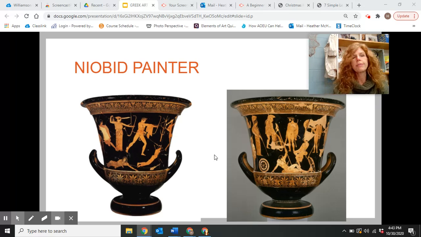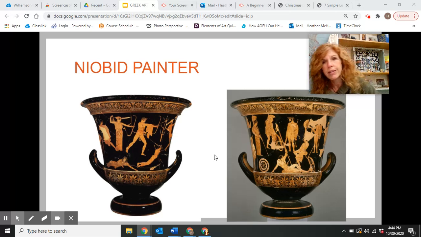So Apollo and Artemis decide that they're going to seek revenge for their mother because Niobe was making fun of the fact that she was infertile and couldn't continue to have children. So under the cover of darkness, Apollo and Artemis sneak up with arrows and decide to kill all 14 of Niobe's children. Terrible, right? Basically slaughtered them.